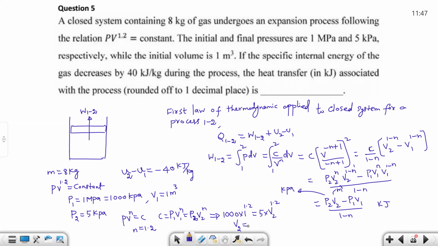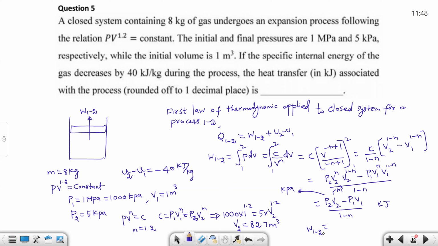So 82.7 meter cube. So now you get to the values. So W1 to 2. Substitute those values.